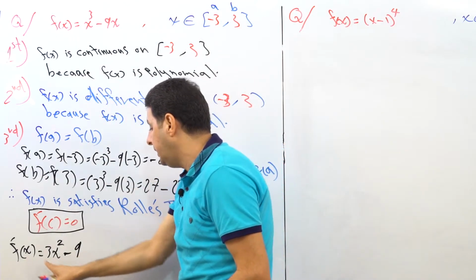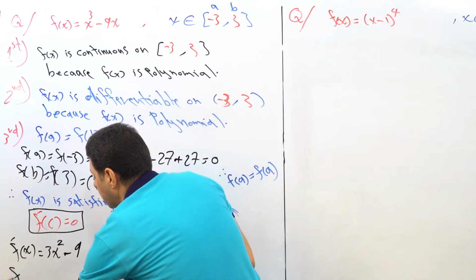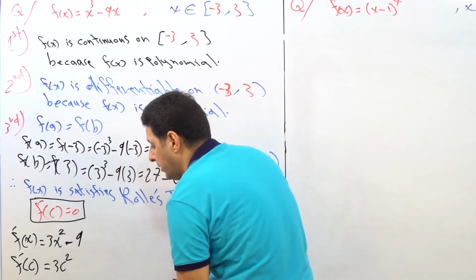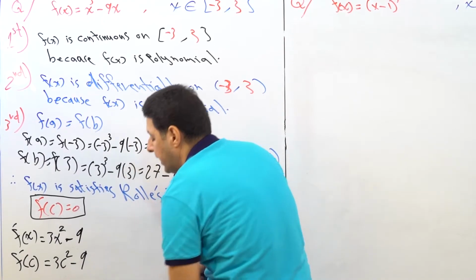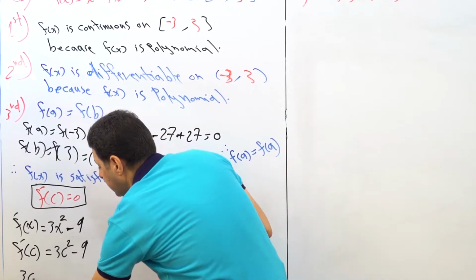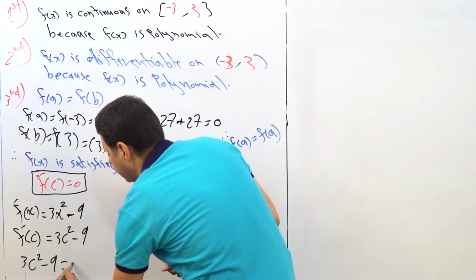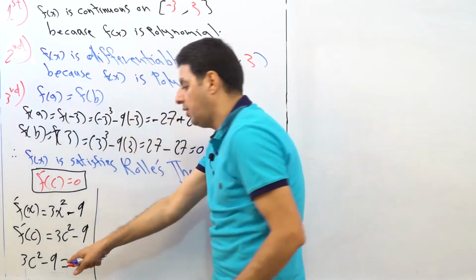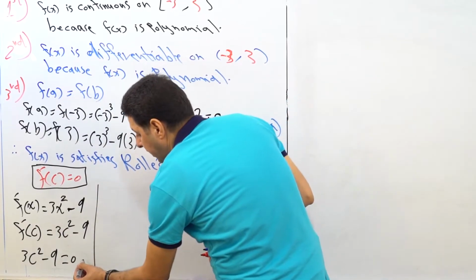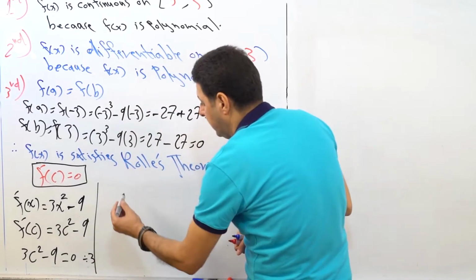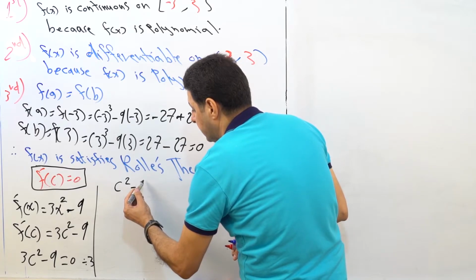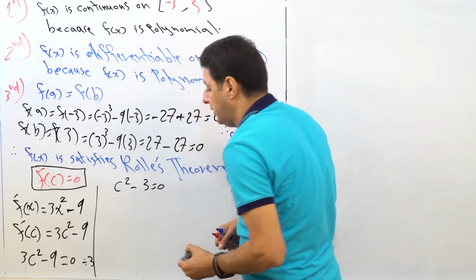Substitute any x by the letter c. F prime of c: 3c square minus 9 equal to 0. Solve the equation. Divided by 3, remaining c square minus 3 equals 0.